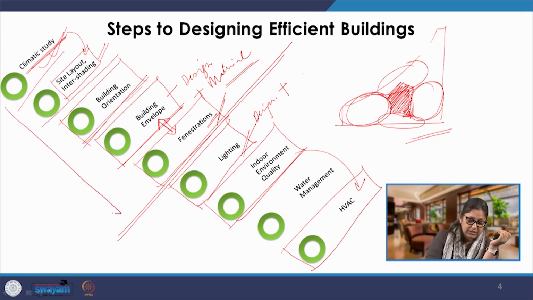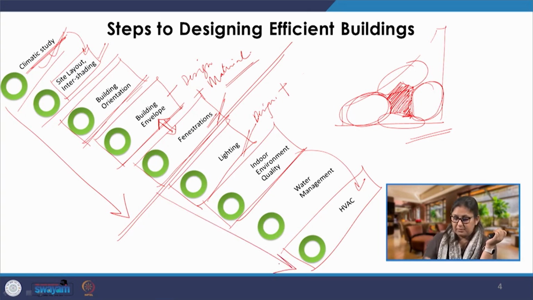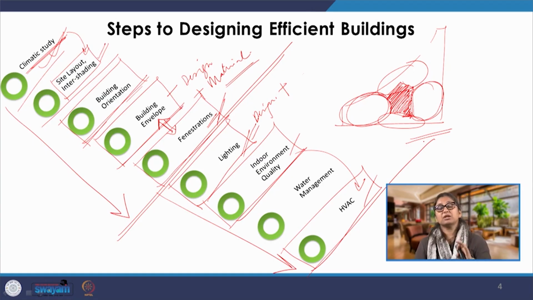First, reducing the requirement for energy through passive design, and after that further reducing the requirement for energy through selection of different systems here. Once we have done that, we would have reduced the requirement for energy significantly, probably by 50% if we design them properly from a conventional base case.